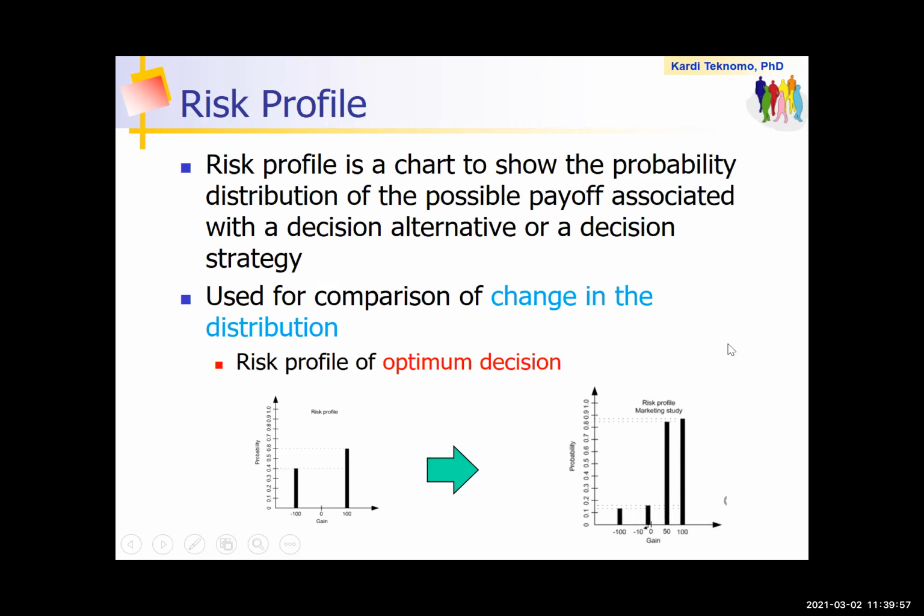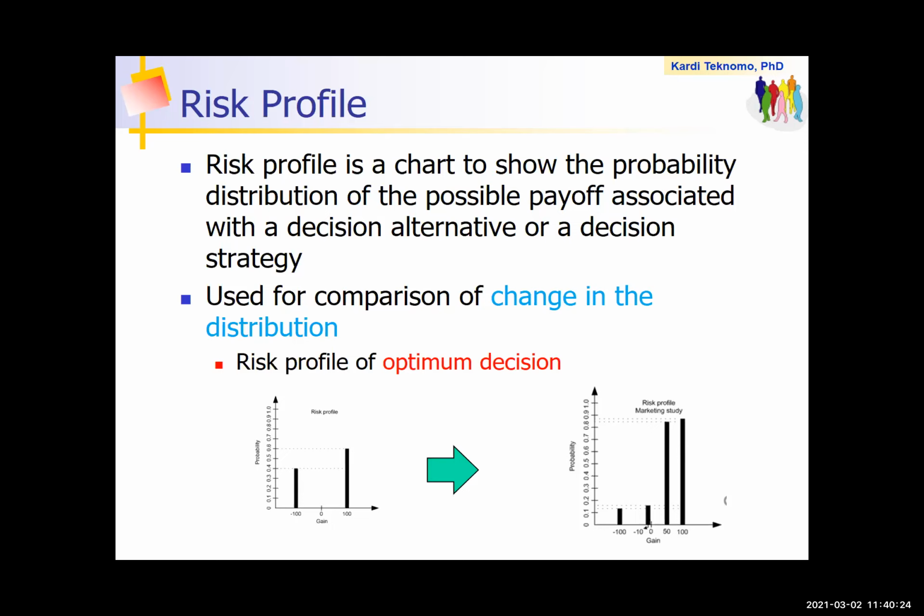So what is risk profile? Risk profile is a chart to show the probability distribution of the possible payoff associated with a decision alternative or decision strategy. The purpose of risk profile is to compare the change of distribution.